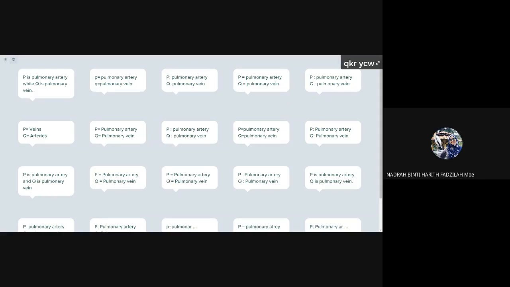Kena sebut pulmonary ya. Nama tu kena spesifik lah sebab ini soalan name. So bila soalan name, nama mesti nama spesifik. Okay, tambah sikit ya. Pulmonary artery untuk P dan pulmonary vein untuk Q. Arteri dengan vein ni bukan pasal dia carry oxygenated dengan deoxygenated blood sahaja ya.